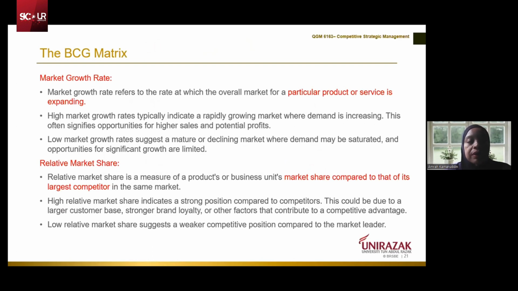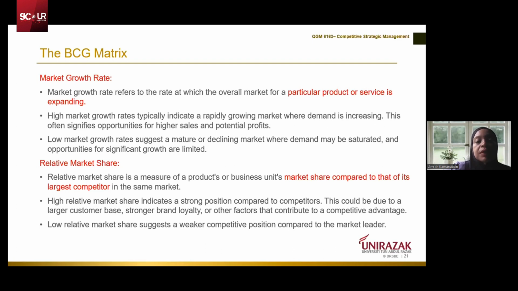market growth rate refers to the rate at which the overall market of a particular product or service is expanding. High market growth rates typically indicate a rapidly growing market. So we are looking at two pieces of information, which are the growth and the market share. So what is the growth?